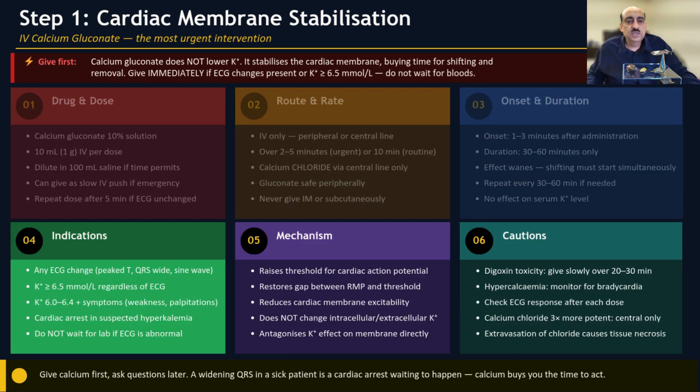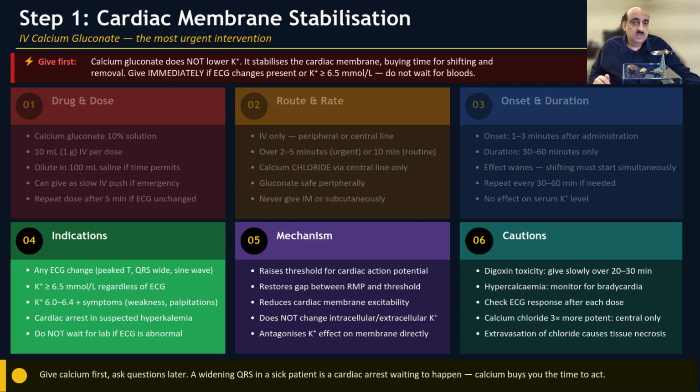What are the indications for giving calcium gluconate intravenously? Number one, any ECG changes irrespective of the absolute potassium level. Number two, if the potassium is above 6.5, regardless of the ECG changes, because it's a very high risk for arrhythmia and cardiac arrest.